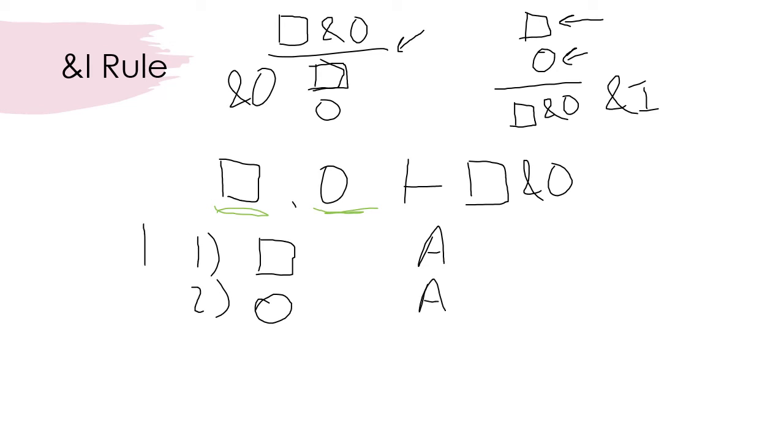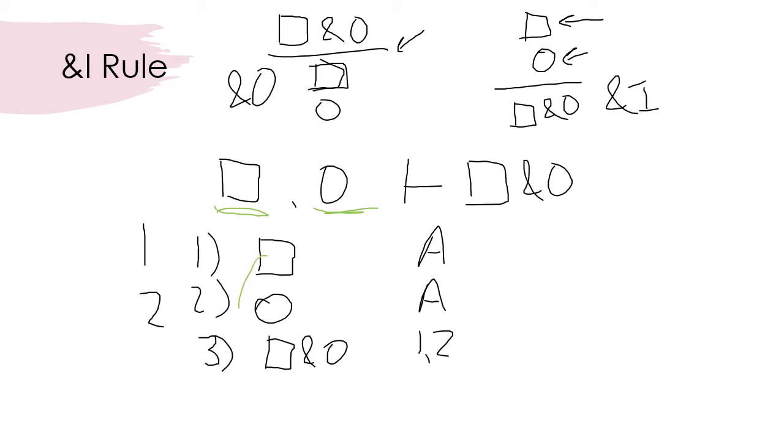We would give the square a 1 because that's the line that appears on. We'll mark the circle with a 2 because that's the line it appears on. And so from this information, you can put the two together. If you have two things that appear in your proof, you can just put an ampersand between them. And what you'll cite are the two places where that information comes from.